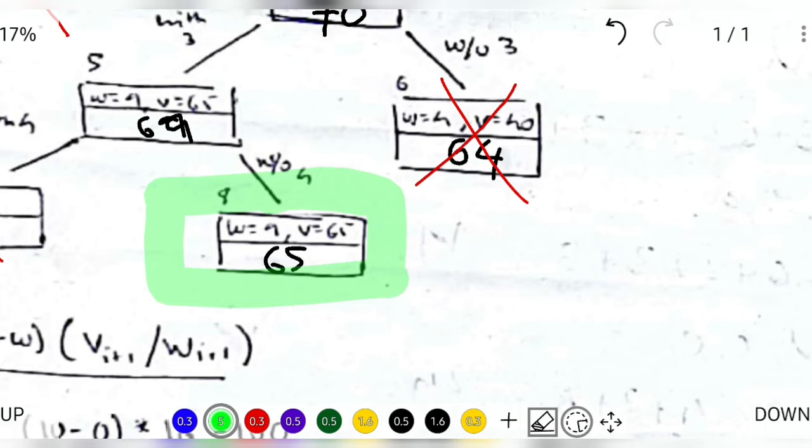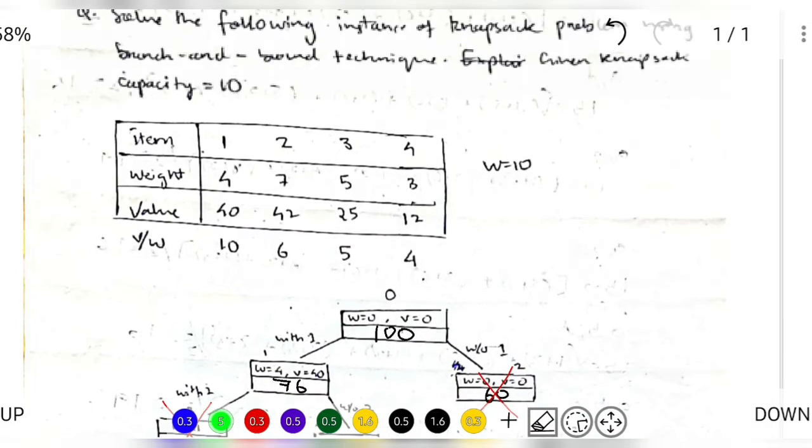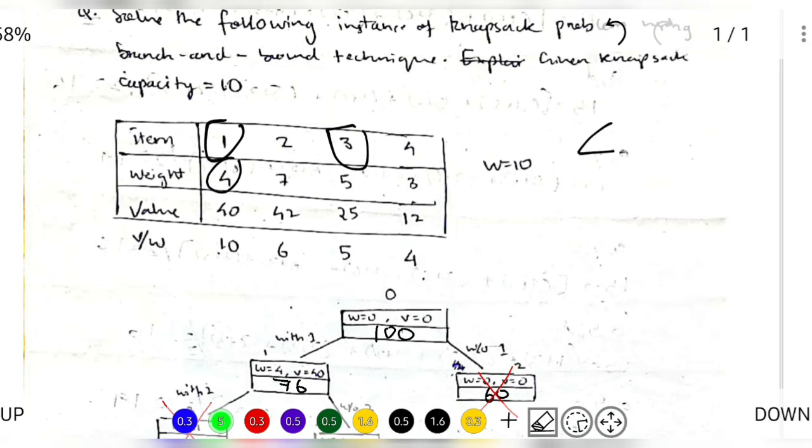And what's the sequence of steps, which objects I have to include? I have to include object 1 and object 3. Now let's see, if I include object 1, the weight will be 4 and I'll get the value as 40. And if I include object 3, I'll get the weight as 5 and the profit as 25.